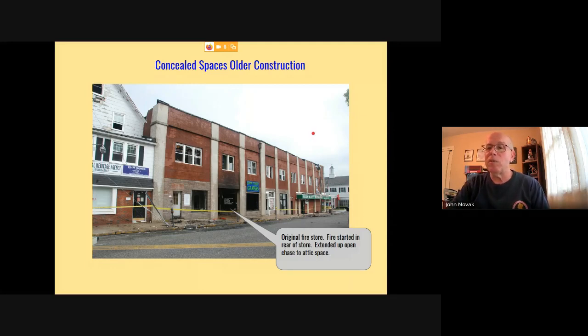So again, the fire was in the rear of the store. Again, old building, maybe built in the 20s or 30s. A lot of renovations, void spaces all over the place, plenty of hidden spaces for the fire to travel through.